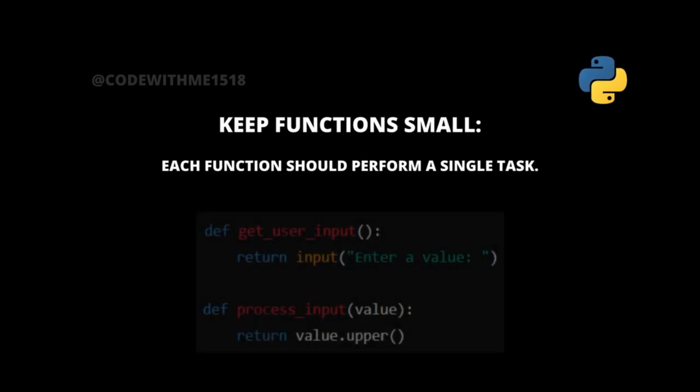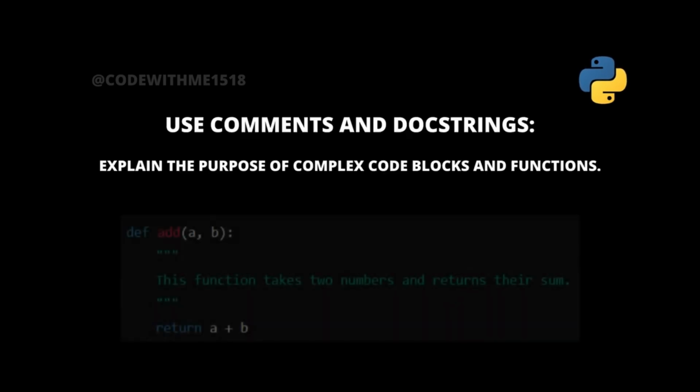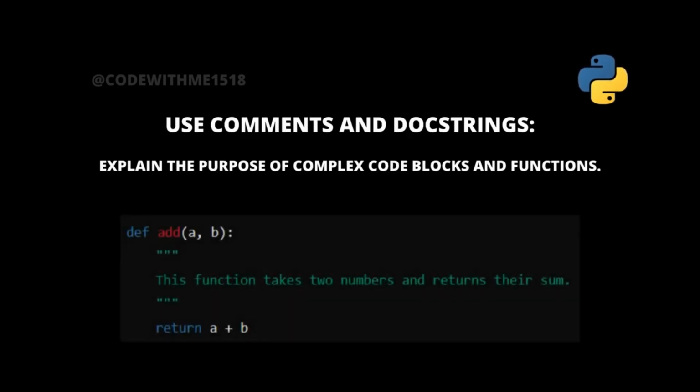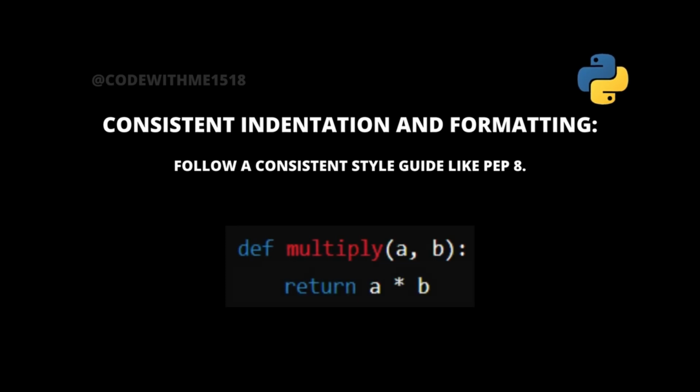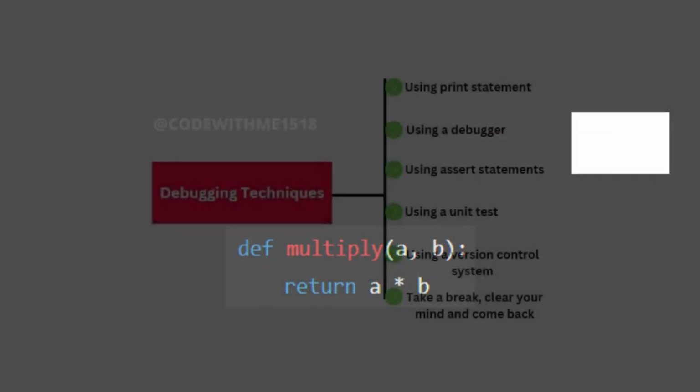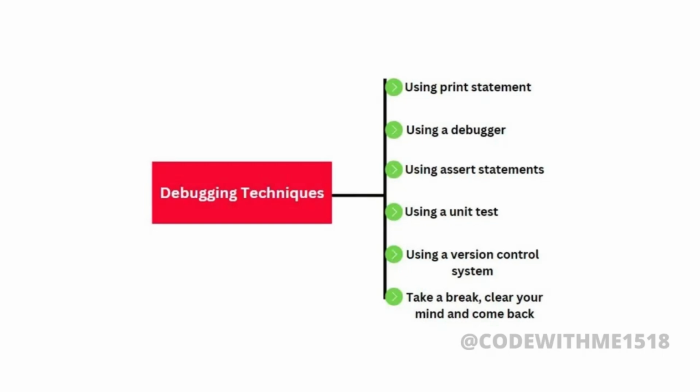Keep functions small: each function should perform a single task. Use comments and docstrings: explain the purpose of complex code blocks and functions. Use consistent indentation and formatting: follow a consistent style guide like PEP8. By following these tips, you'll write code that's not only functional, but also clean and maintainable. This will make debugging and testing much easier.